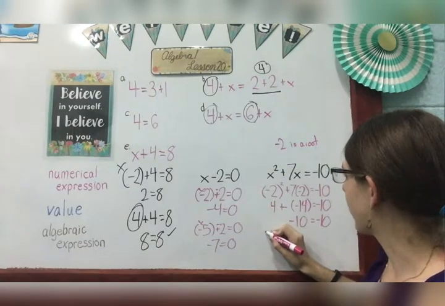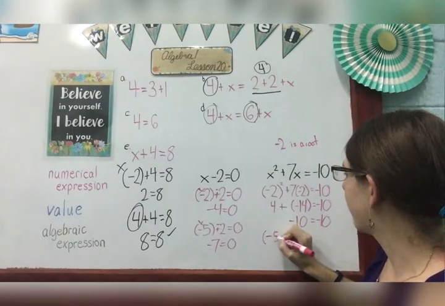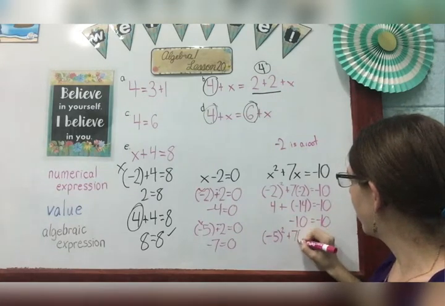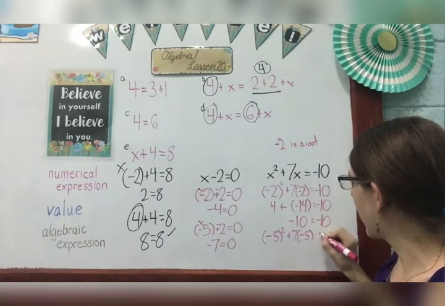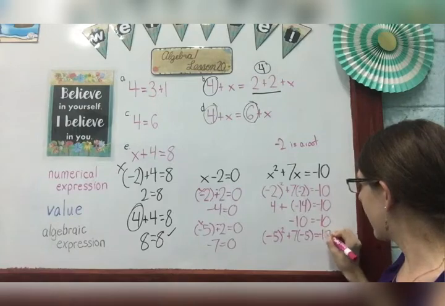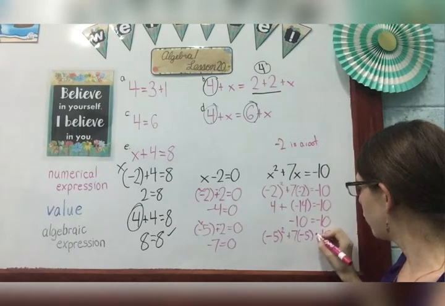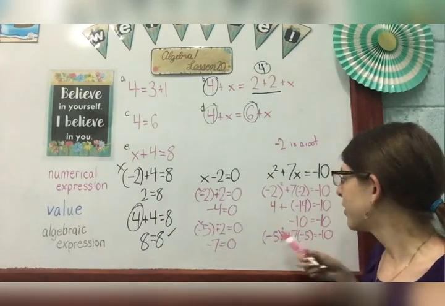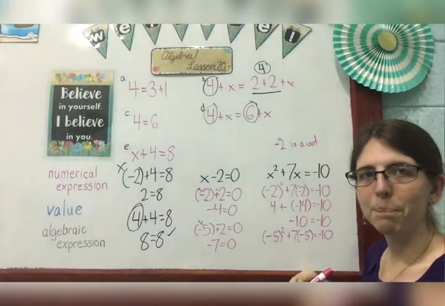All right, now let's check out negative 5. So I have, I'm running out of room, I'm sorry guys. Negative 5 squared plus 7 times negative 5 equals negative 10. Okay, sorry, I know it's a little difficult to see. So negative 5 squared, what did you get?